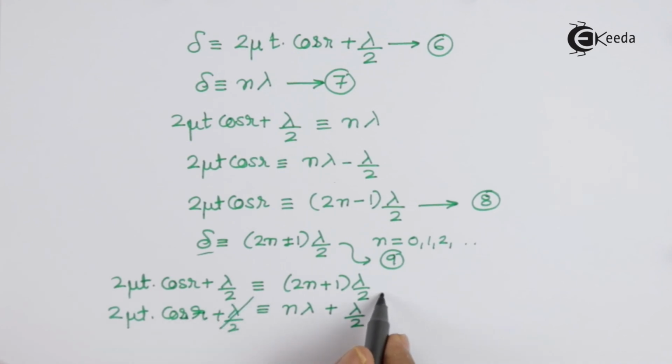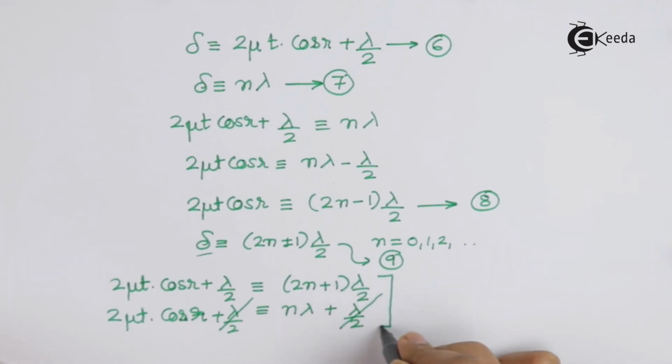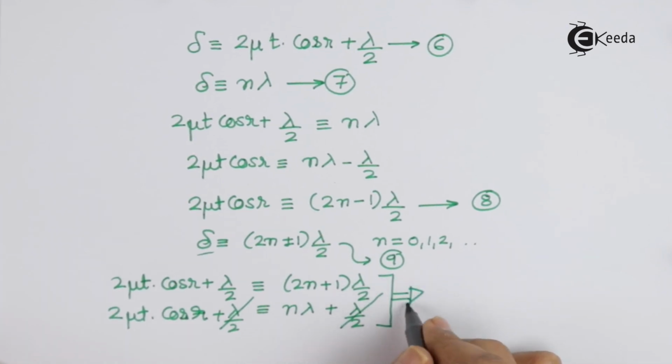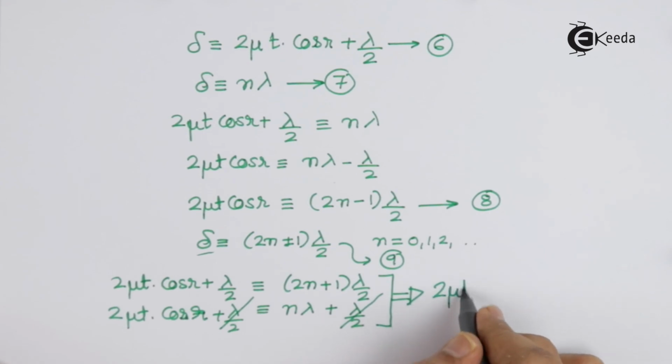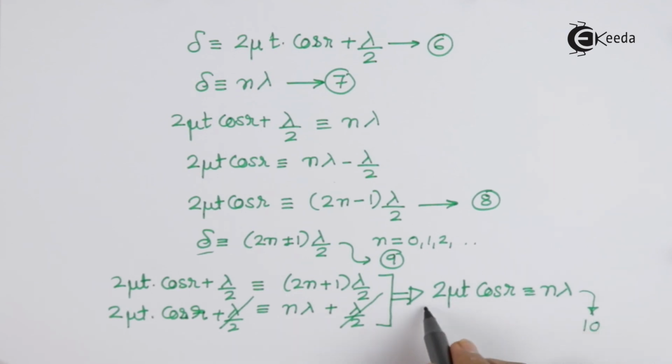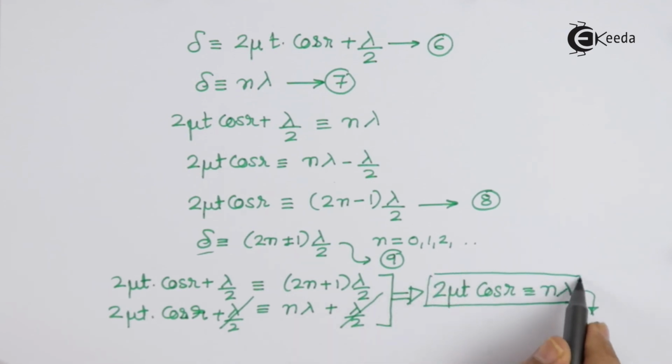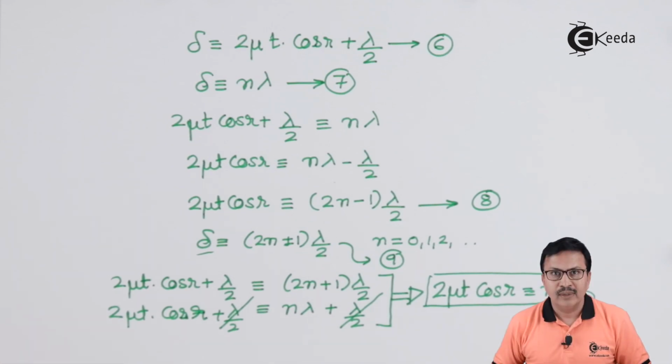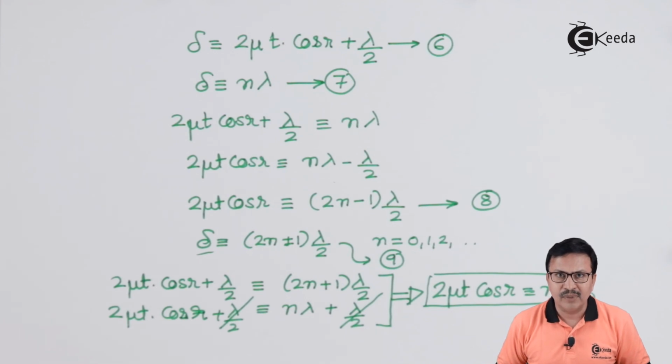So this lambda by 2 and this lambda by 2 are going to get cancelled, and what I have from this expression is nothing but 2 into mu t into cos of r is equal to n lambda. So this is the condition, equation number 10. This is the expression for the destructive interference, for interference in a thin film due to reflected light.